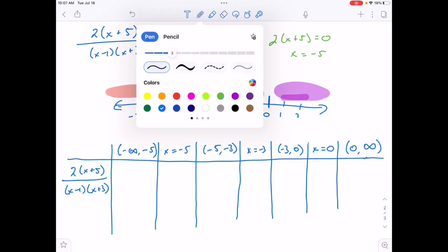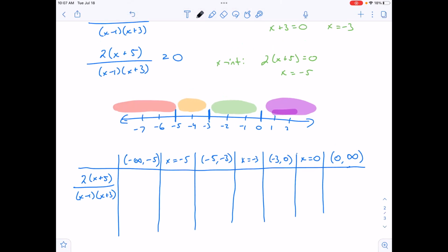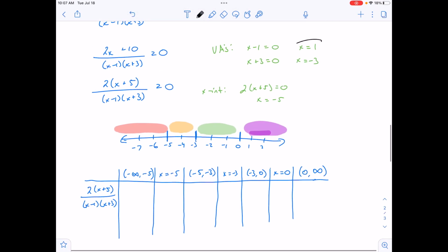And then I say to myself, okay, which of these columns represent vertical asymptotes? X is equal to 1. Oh, I messed up there. Our 0 section should be 1. No problem.